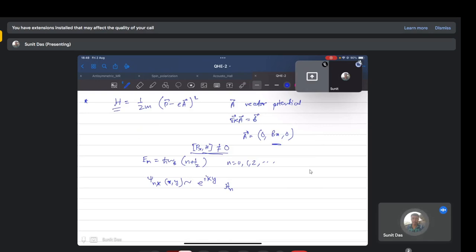So by the way, this was the Hamiltonian and this is the Hermite polynomial.